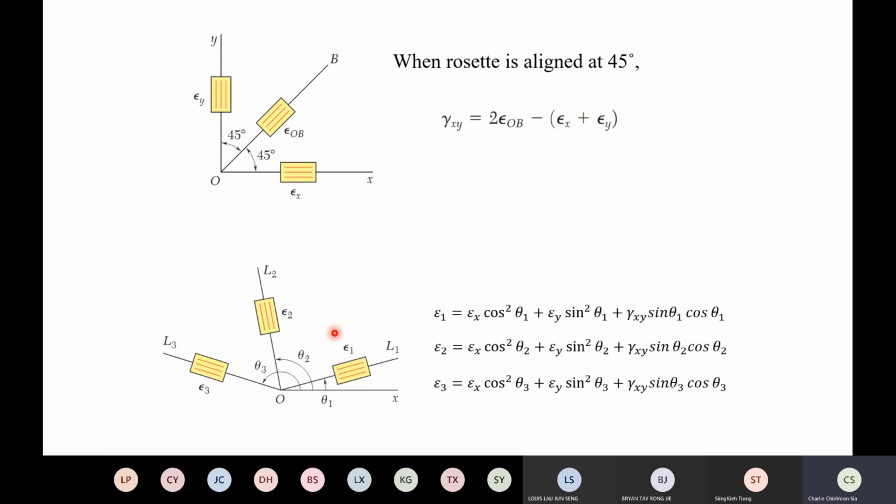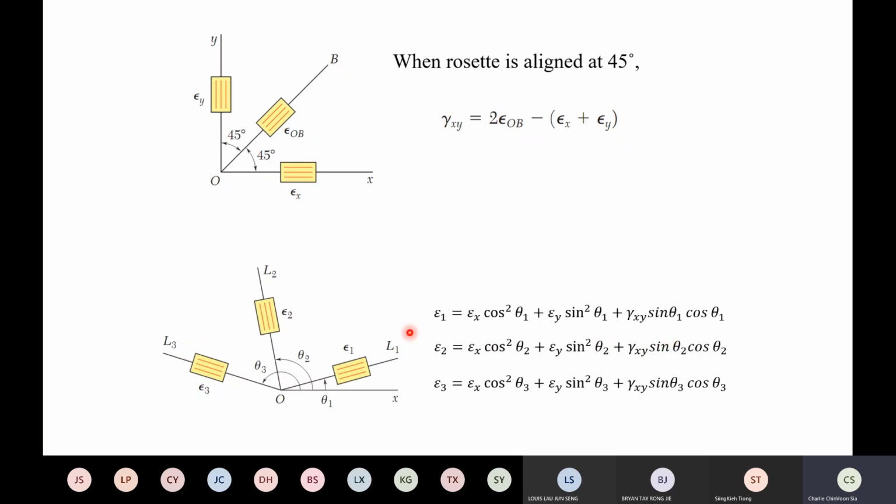So if we want to calculate strain x, strain y, and shear strain xy, we need at least 3 strain gauges, because here we have 3 unknowns: strain x, strain y, and shear strain xy. Therefore we need 3 equations to solve the unknowns.